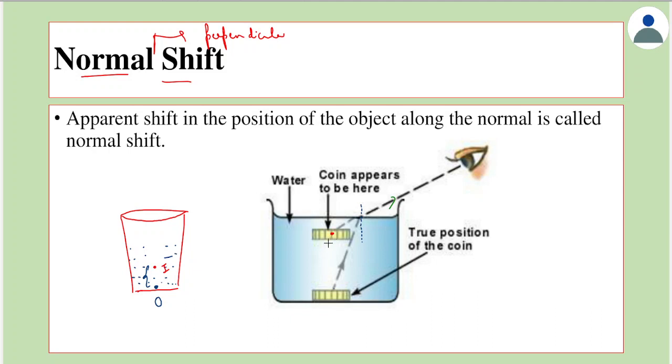So this is where the coin appears to be present. It is the apparent shift in the position of the object along the normal, called normal shift. If you draw the normal to the surface, the shift happening along the normal is called normal shift.